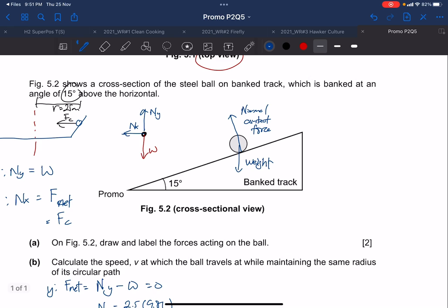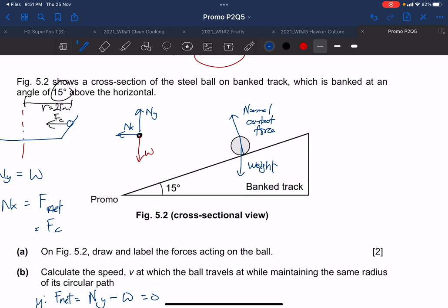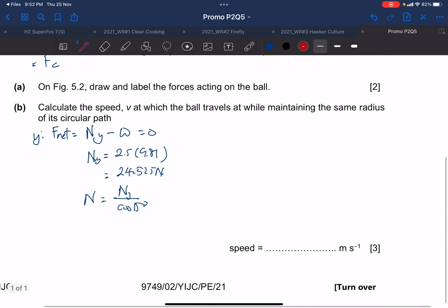Let's draw this vector to the side: this is my n, this is my ny, this is my nx, and this angle here is 15 degrees. So ny equals n cosine 15. Continuing, n is equal to 25.39 newtons.